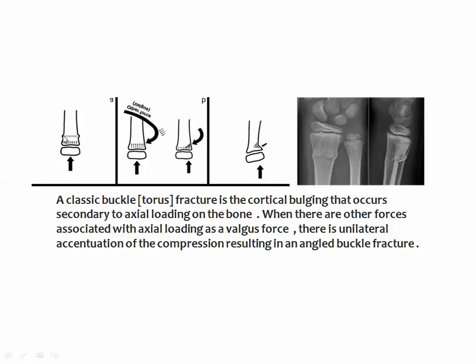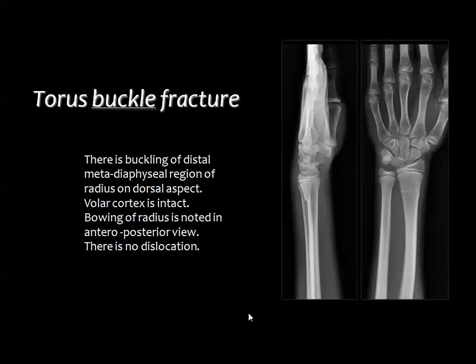If the traumatic force is in the form of an oblique one together with an axial overload, this will result in buckling on one side of the bone while the other side looks to be intact.